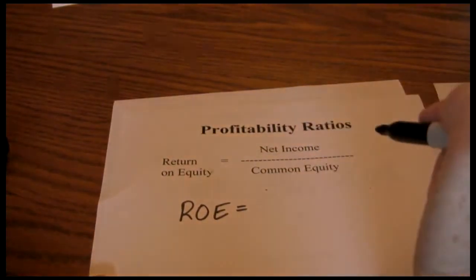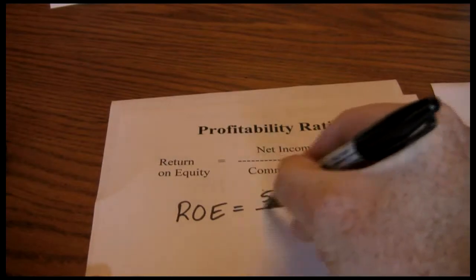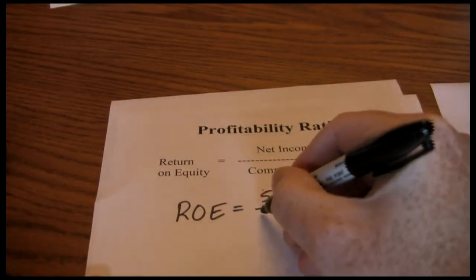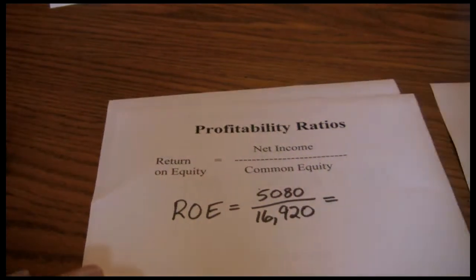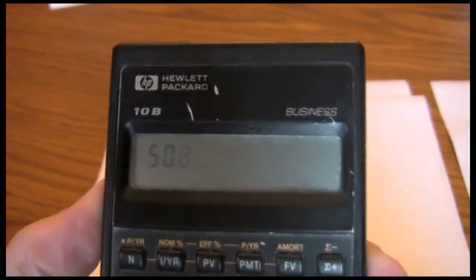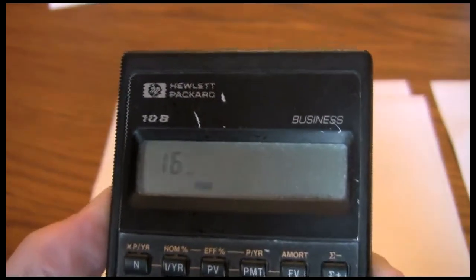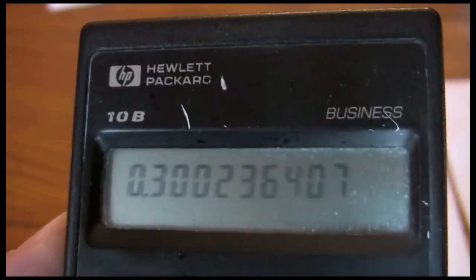So our ROE, our return on equity, get out our calculator. And our return on equity is 30.02%.